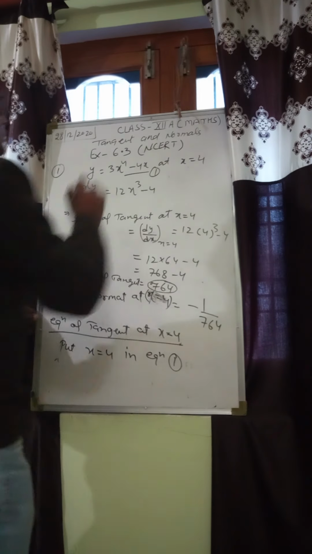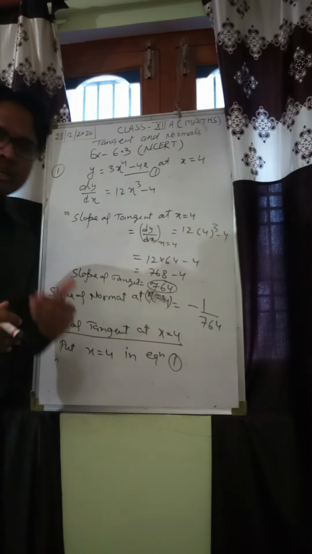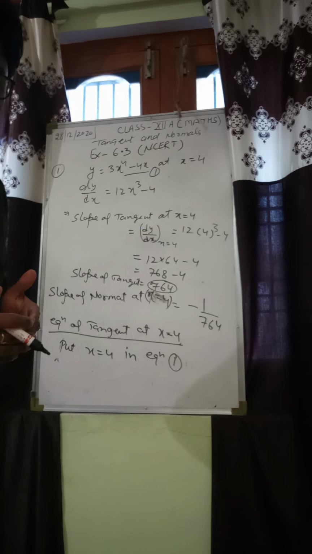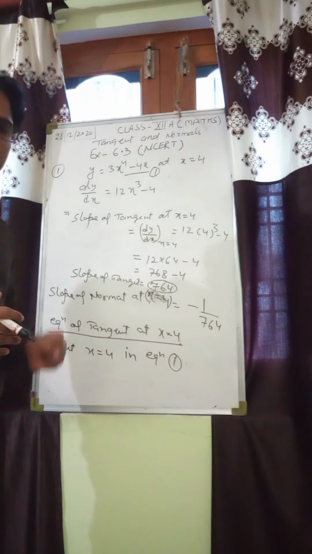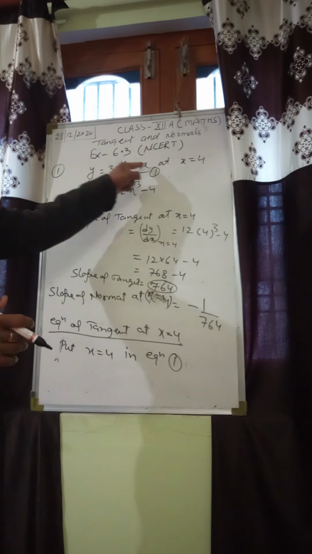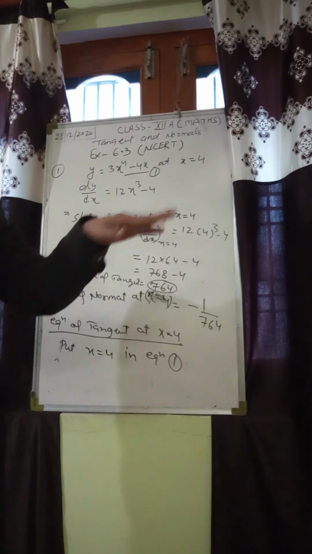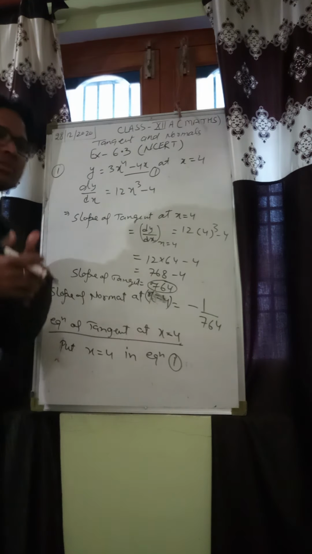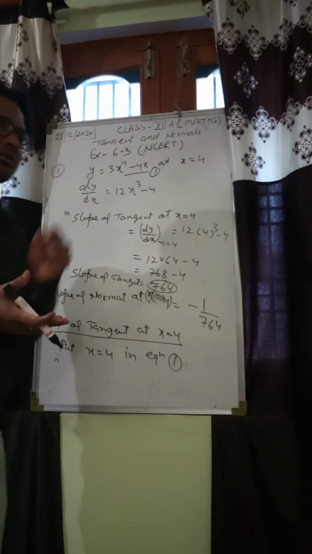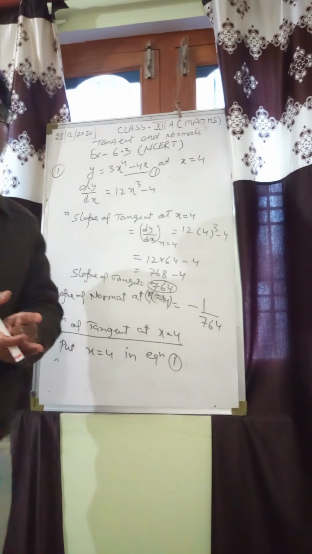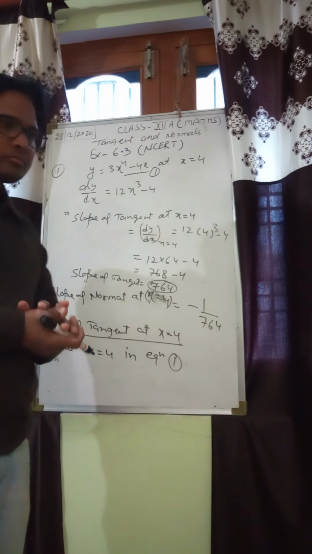I am explaining the process to find the equation of tangent to this curve at the point x is equal to 4. x is equal to 4 means what? We have to find the coordinates of that point where x is equal to 4.